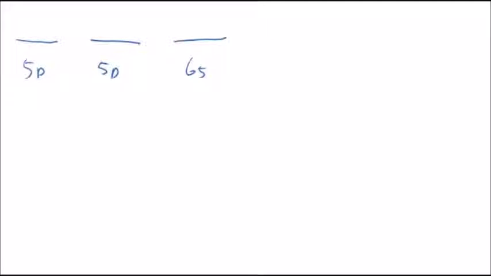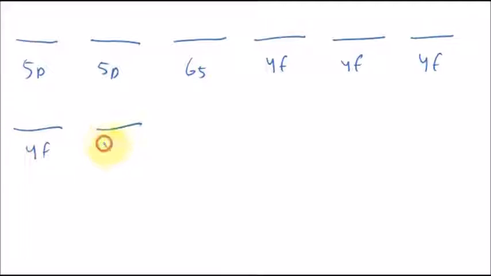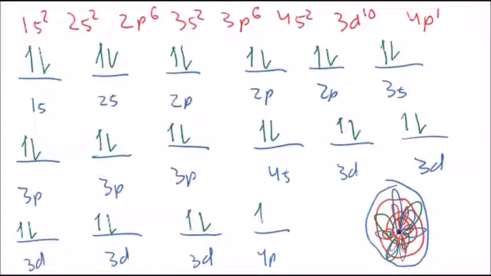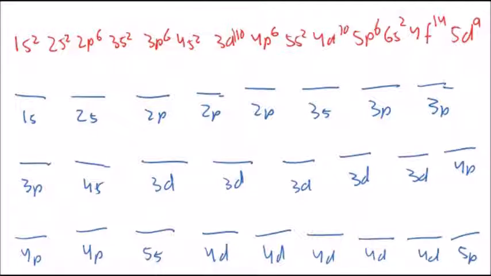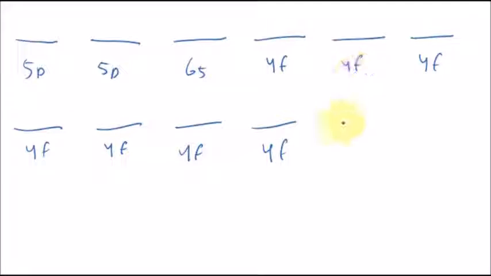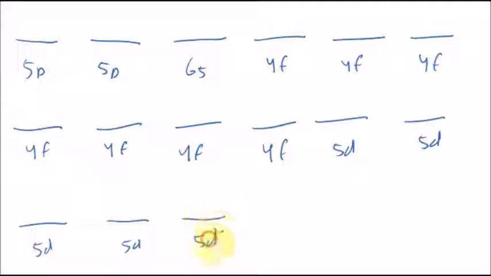So 1, 2, 3, 4, 5, 6, 7, because there are 7 f orbitals, and then finally we have the 5d9. So there's 1, 2, 3, 4, 5.